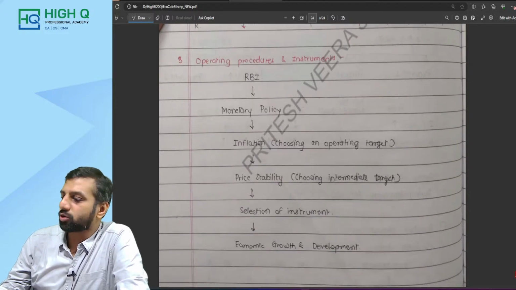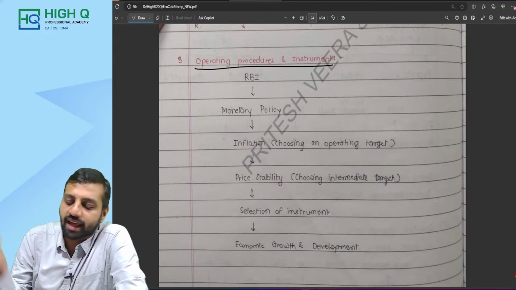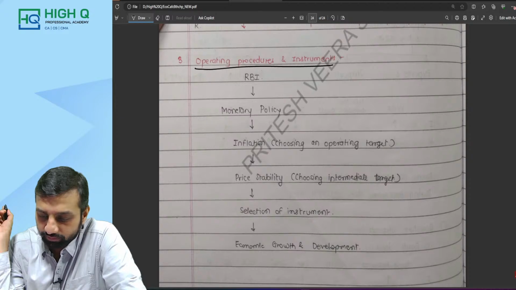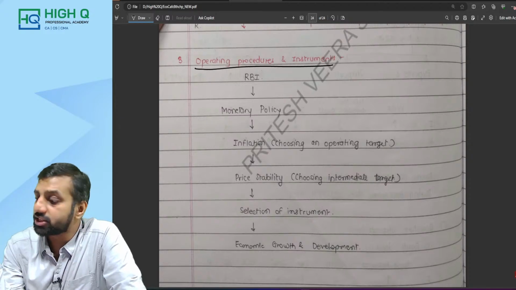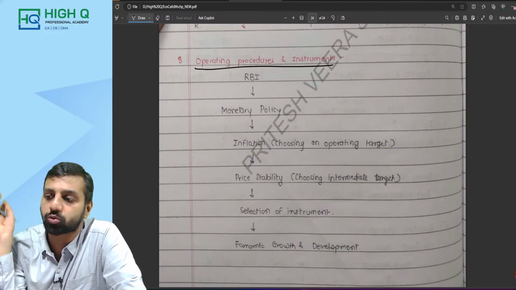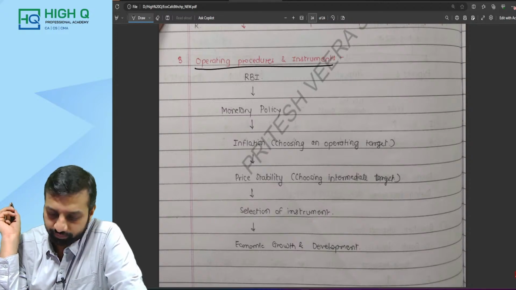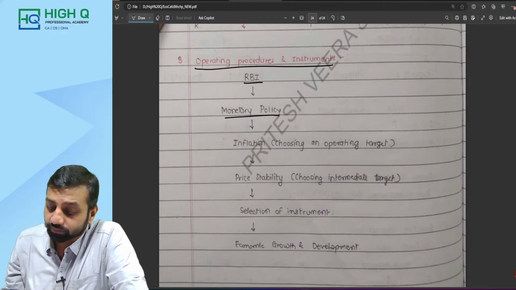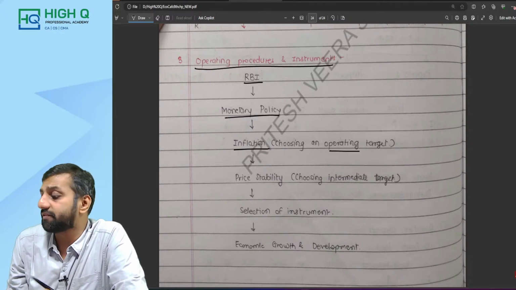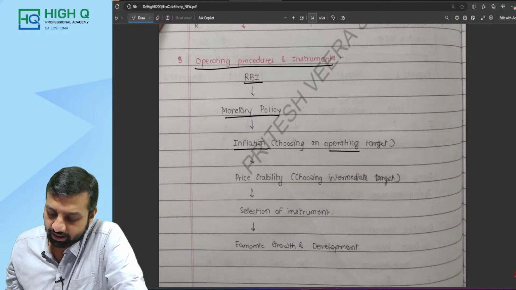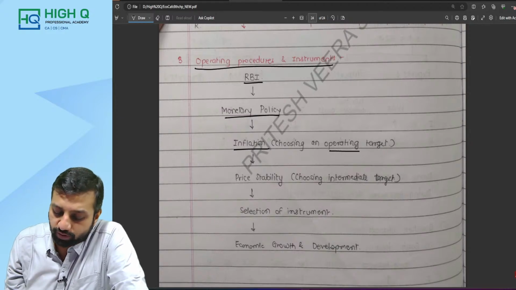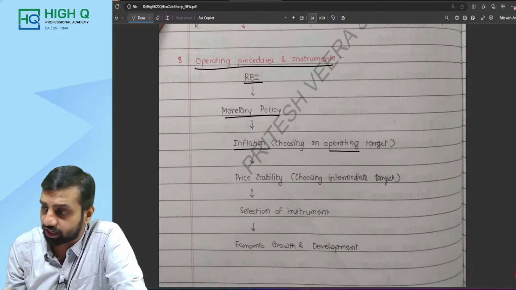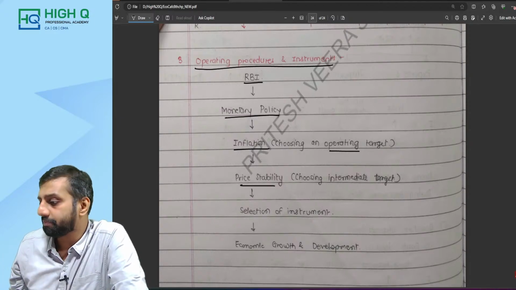Anyway, let's go to the last part of this chapter, that is operating procedures and instruments. So there is the RBI which issues the monetary policy. It has an operating target which can be inflation or recession. RBI announces a monetary policy to control inflation so that there is price stability.